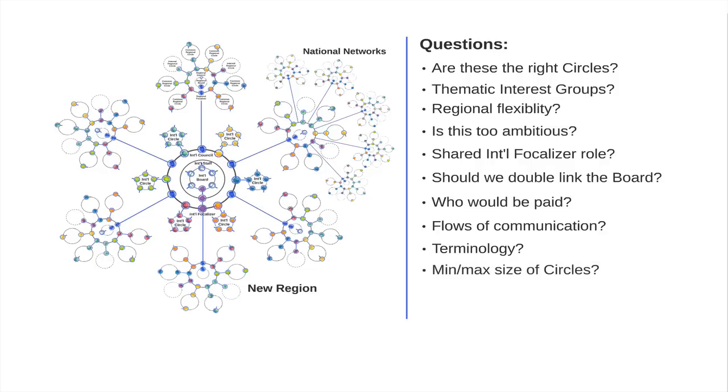And is there a minimum and maximum size of these circles that would make them most effective? I know this has been a big issue, for example, within CASA, which has a very large regional council. And on the other end, can we start with even just one person representing a regional circle in any given region? And how can we work with partners?